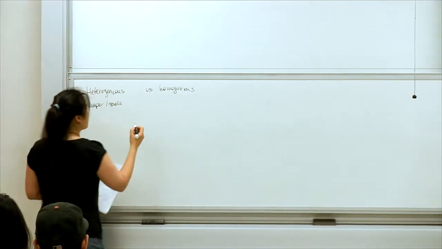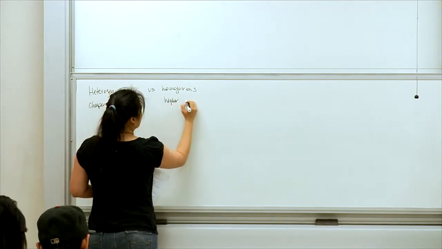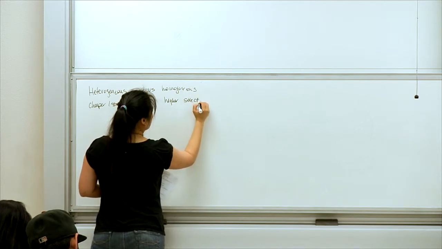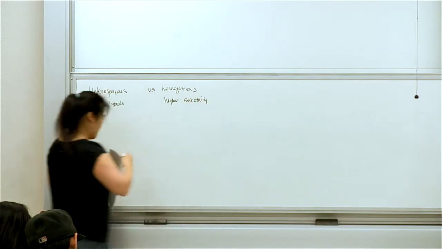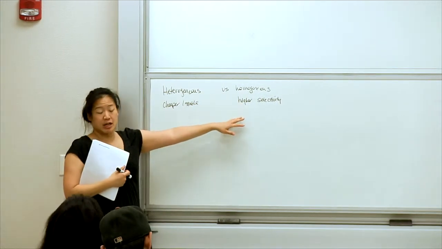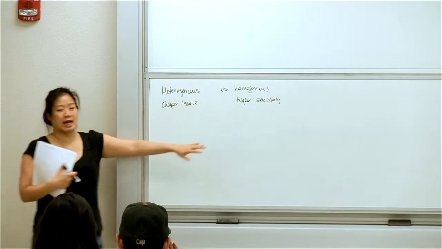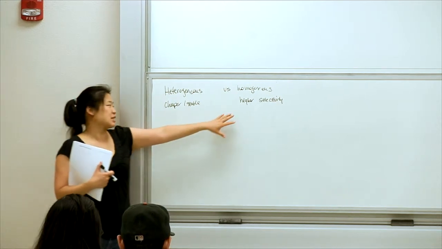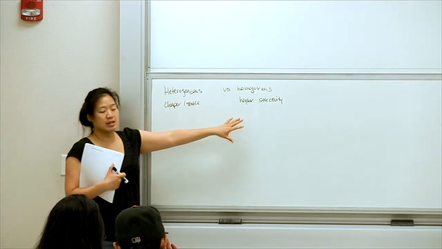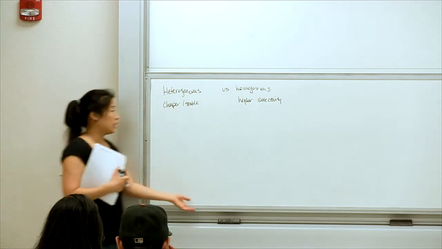But the advantage that homogeneous catalysts have is that they have higher selectivity for products, typically. If you are doing pharmaceutical catalysis, like making ibuprofen, and you need a chiral center, they tend to be better with homogeneous catalysts, because it's obviously easy to make molecules that have the chiral centers that you want.